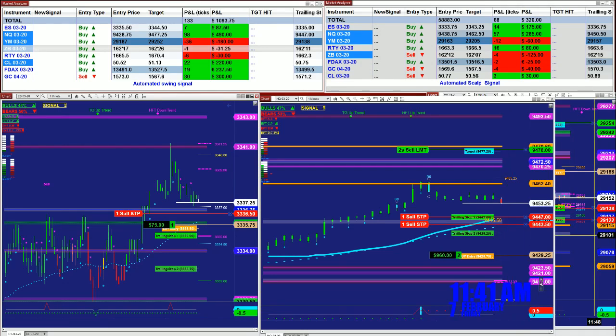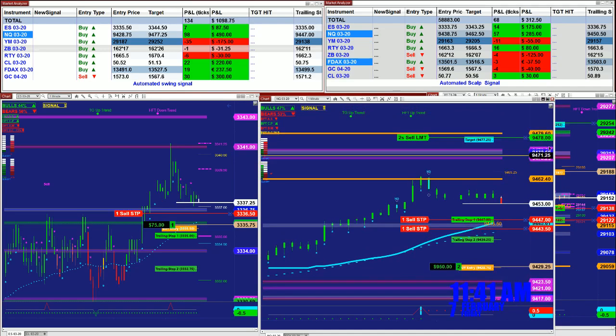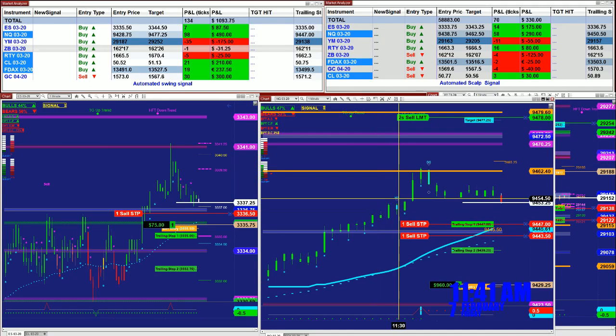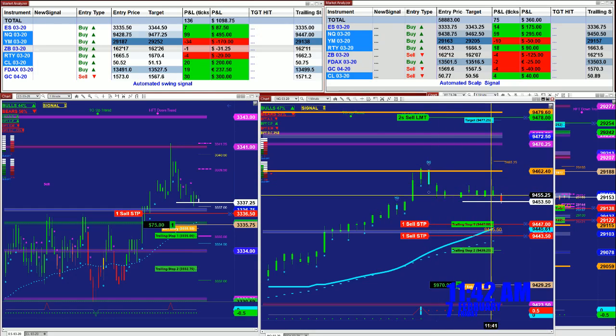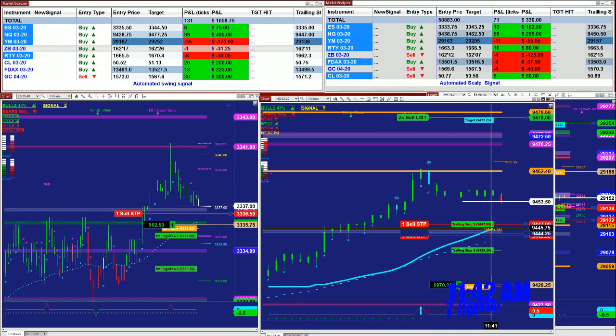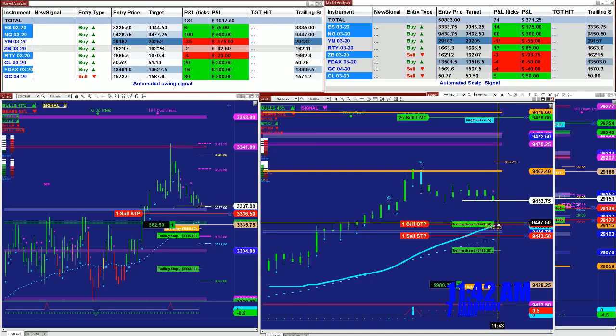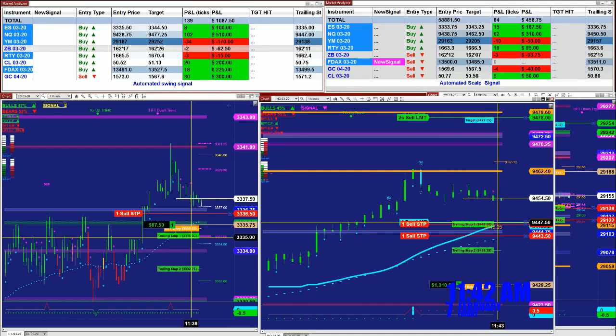So on this one here, on the Nasdaq, it came into this fib line and started giving you a warning sign. And now what is coming is a re-entry long here. Right here.